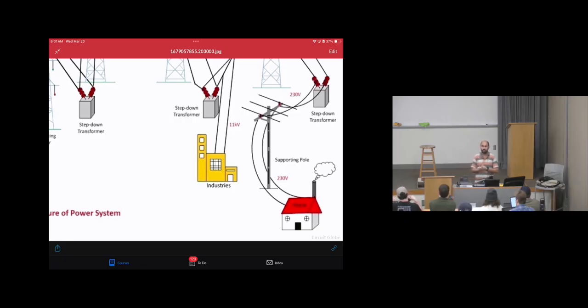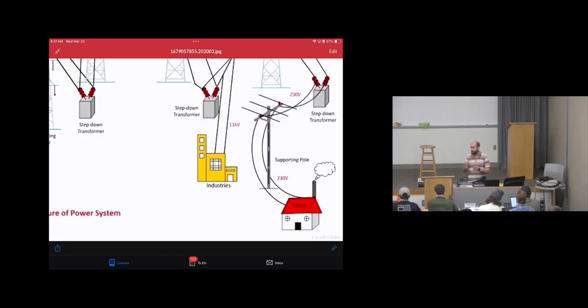So we cannot guarantee the system will be balanced. Even though we can try our best to equalize and balance the load, we cannot guarantee 100% balance. So it will be slightly unbalanced. This slight unbalance, if there is no neutral, will cause a lot of problems, especially in the power lines. How can we avoid these problems? We need to add the neutral.